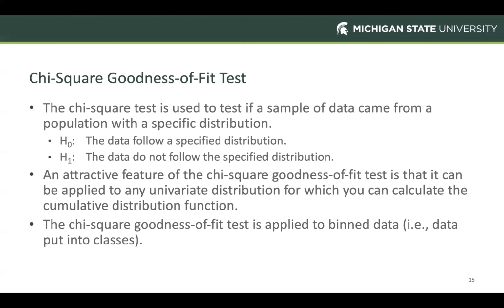And so our alternative hypothesis in this case is simply that our data did not follow that specified distribution. And so this test is going to be somewhat unique in each of these tests that we'll talk about today, in that we're generally conducting these all as just one-sided tests, okay?